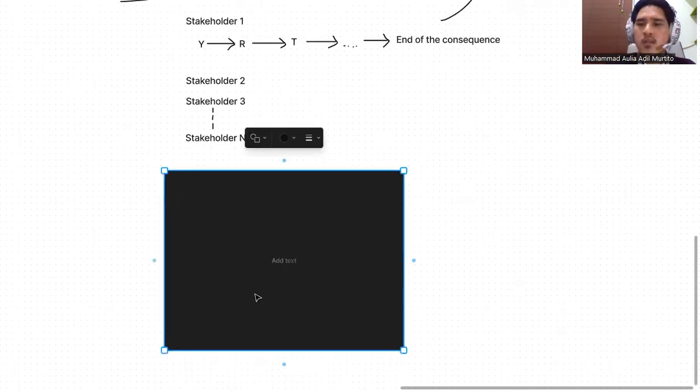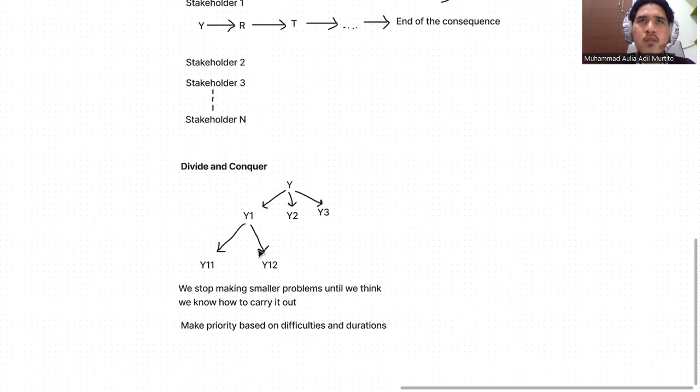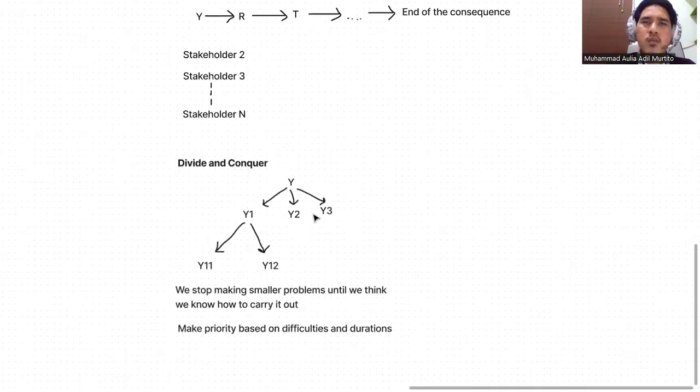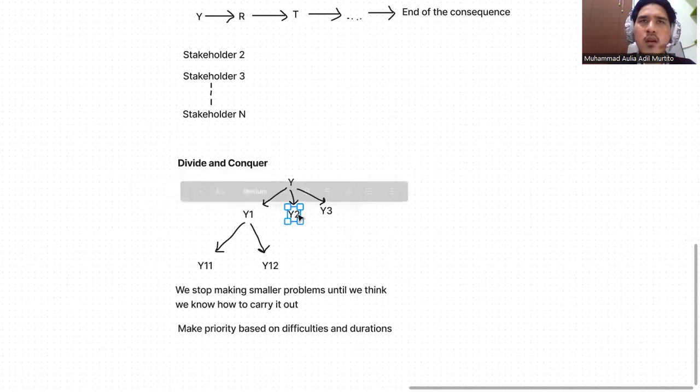All right. Finally, the last step is to divide and conquer. So let's say that Y is the most optimal solution. We divide it into smaller problems, I mean, into smaller actions that we think are appropriate, and then we keep dividing it, like Y into Y1, Y2, Y3.